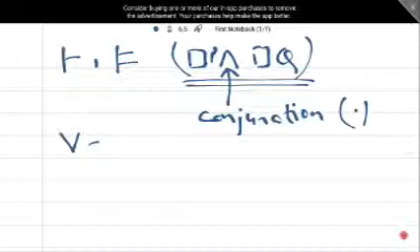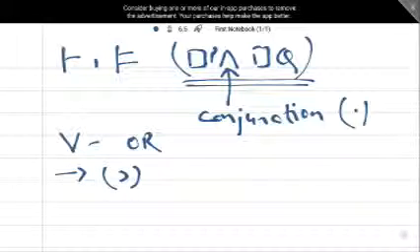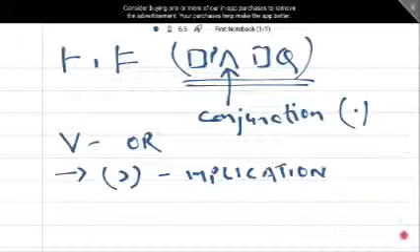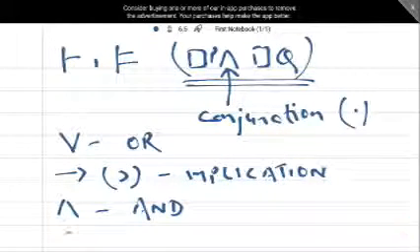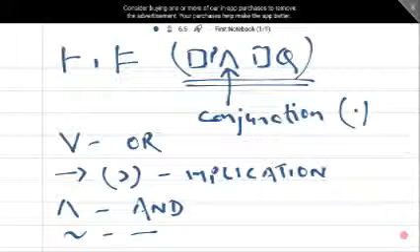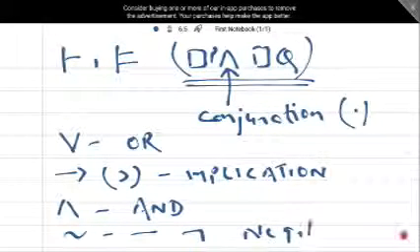You already know wedge for or. This is implication. And this is and. We'll be using the truth tree method, so these are the only symbols that you need to know. Also there is negation, or just like this, or these are all negations.